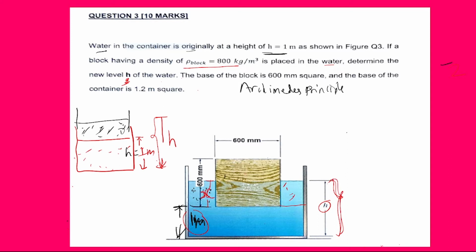So what we're going to do, since the block is floating in the water, from Archimedes principle, we're going to say the weight of the block equals the weight of the water displaced by the submerged part of the block. Guys, my handwriting sometimes.